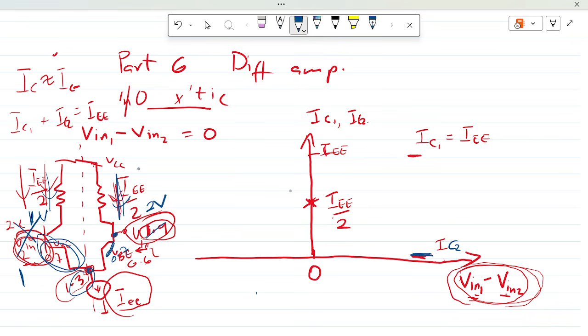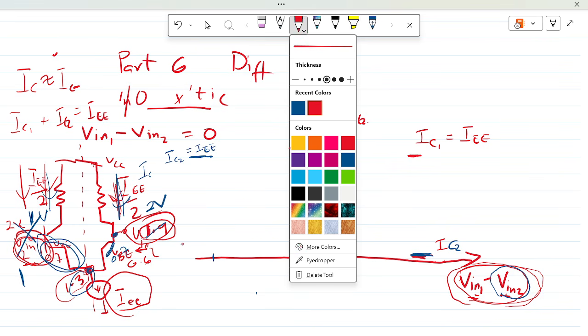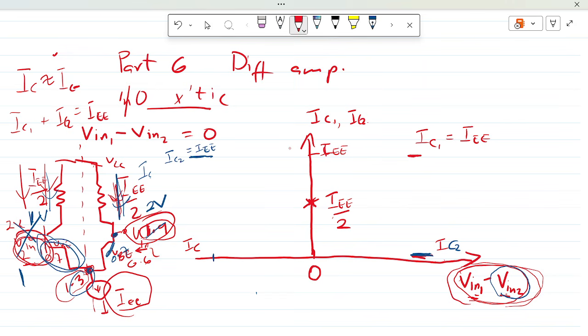So IC2 will take all of the tail current, IEE. So when the differential input is negative enough, meaning V in 2 is far bigger than V in 1, then we have a similar scenario happening here with IC2 being equal to IEE. And during that time, IC1 should also be equal to 0.